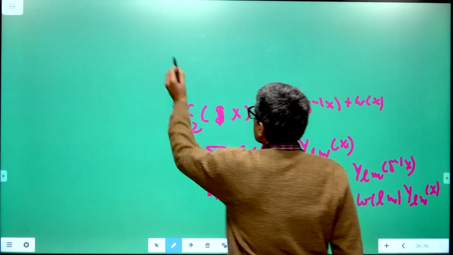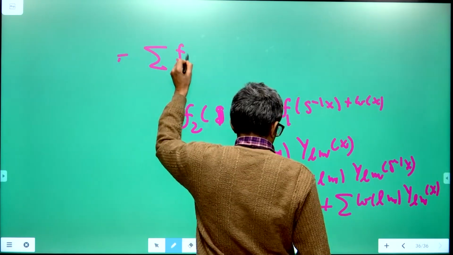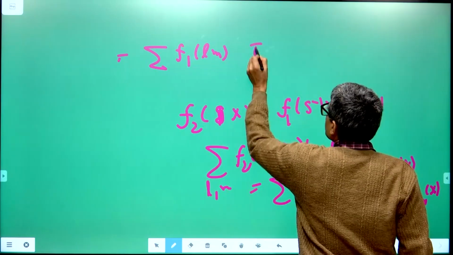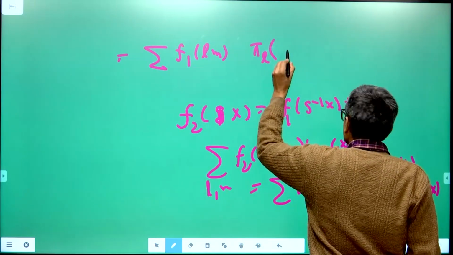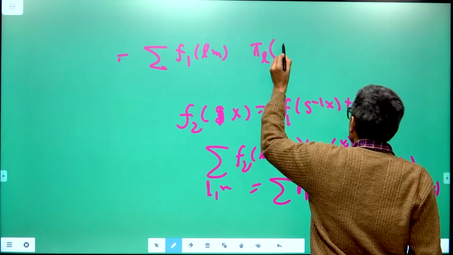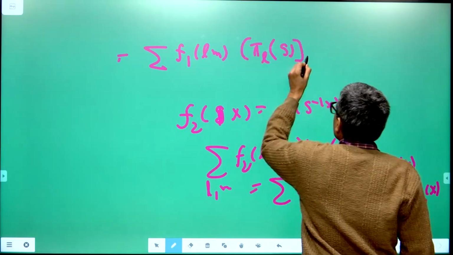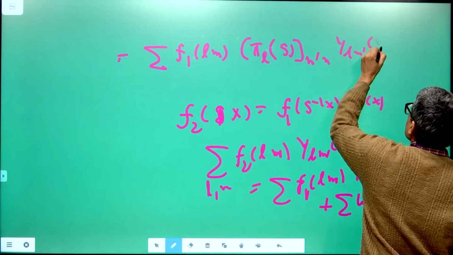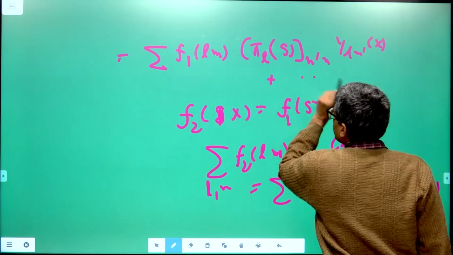Now you write this as F1 LM. So this is invariant under rotation. So it is the representation pi L evaluated at G, with entries m prime m, times YL m prime of x plus the WLM term.